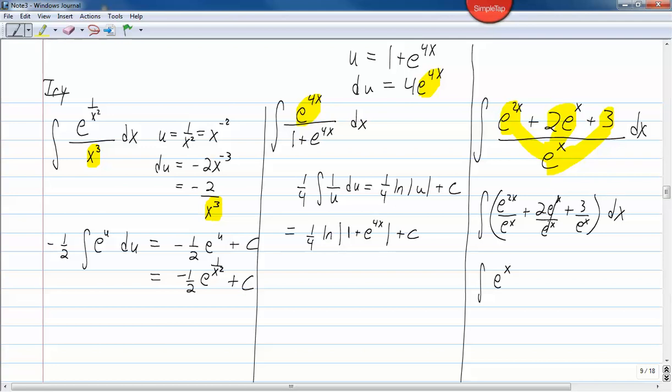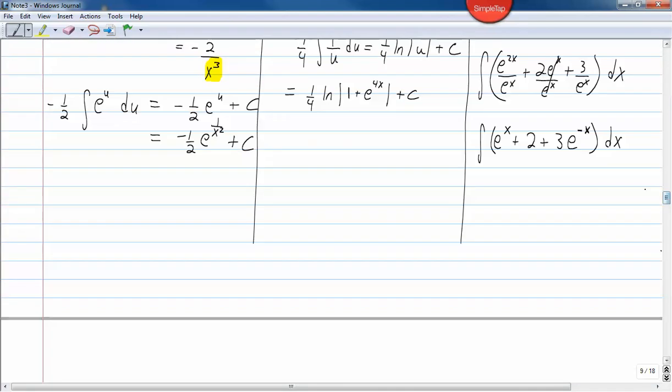These actually cancel out, so it's going to be plus 2. This one here, plus 3, I would bring that to the top. But remember, when you bring it to the top, you have to change the power to negative x. If that's a positive 1x in the bottom, it'll be a negative 1x in the top.